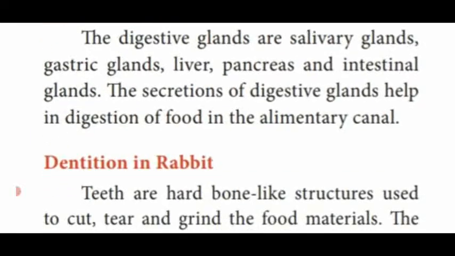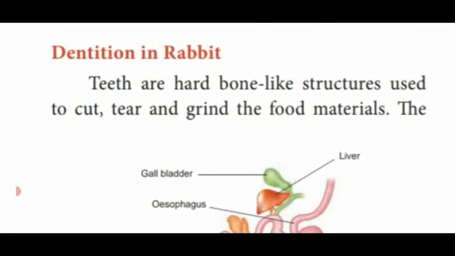And also, the rabbit consists of an upper jaw and a lower jaw, which contain the teeth. The arrangement of teeth in the jaw is named dentition. Next topic is dentition in rabbit. What is dentition?